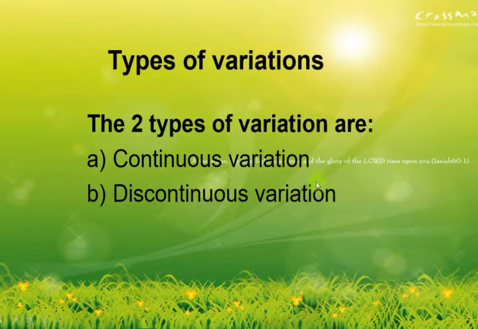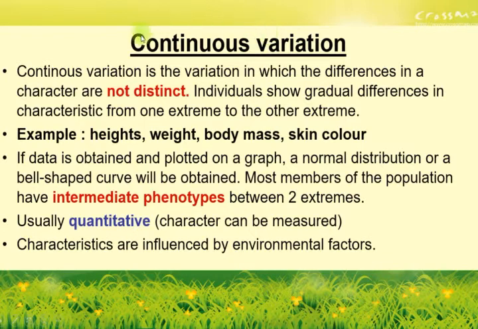So there are two types of variation. What are they? Continuous variation and discontinuous variation. Let's go to the first type, which is continuous variation. What is continuous variation? It is the variation in which the differences in a character are not distinct, which means the difference in the character is not clearly observed, not obvious.